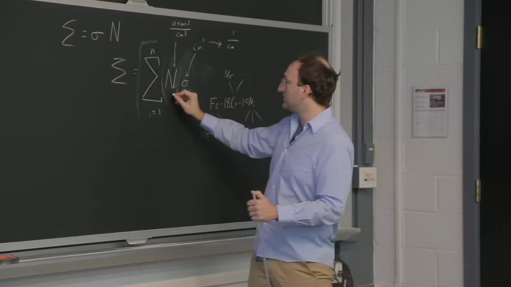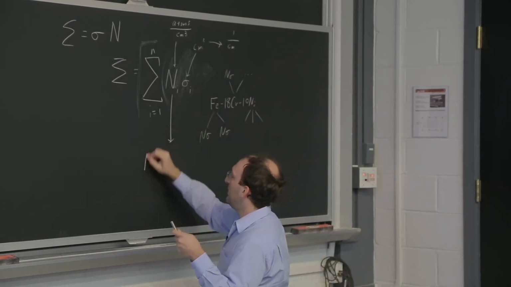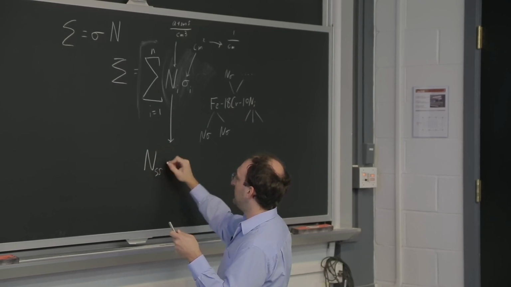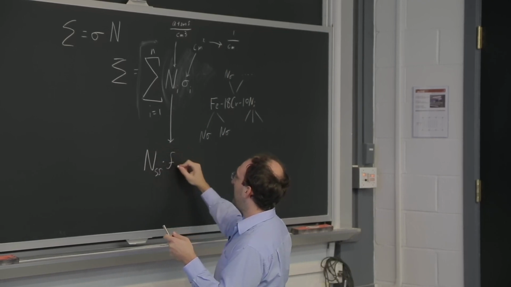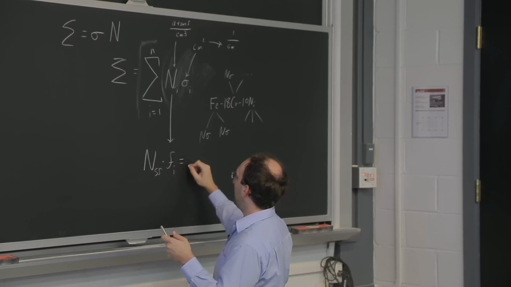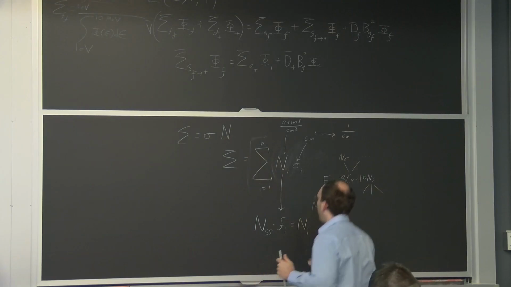The easy way to get those number densities, if you take the number density of your stainless steel times the atom fraction of that isotope, that should give you the number density of that isotope.